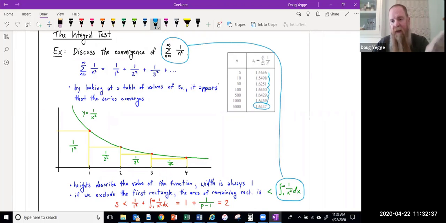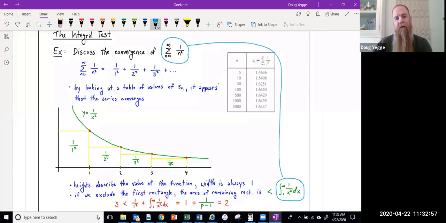Just by investigating the table, it looks like it's going to converge. But what tells me that it's going to converge? What tells me is by trying to think of the difference between this sum up here and this sum down here.